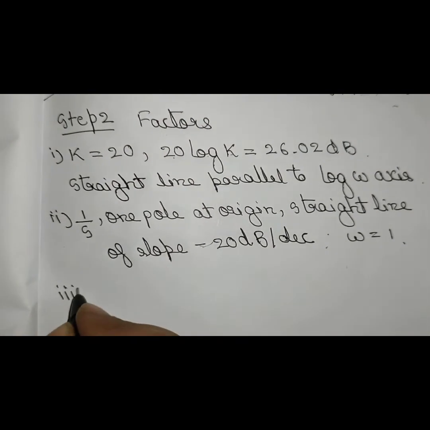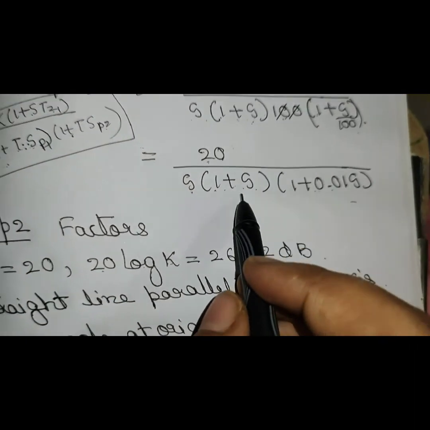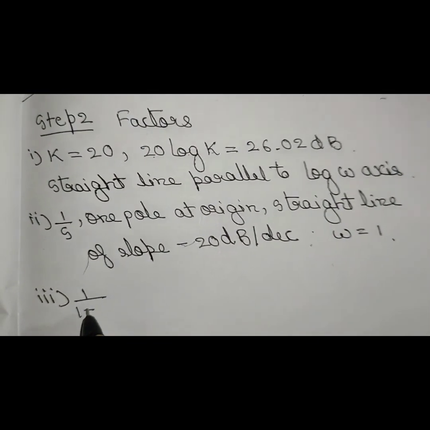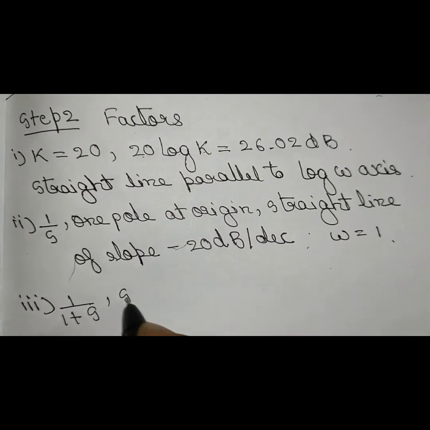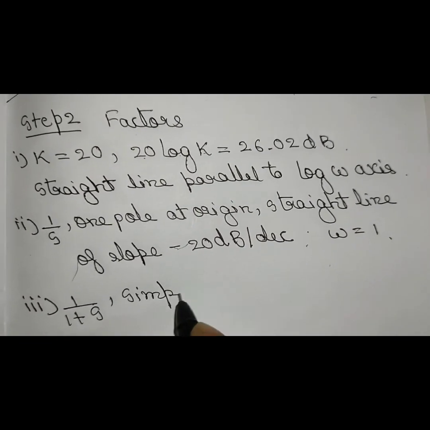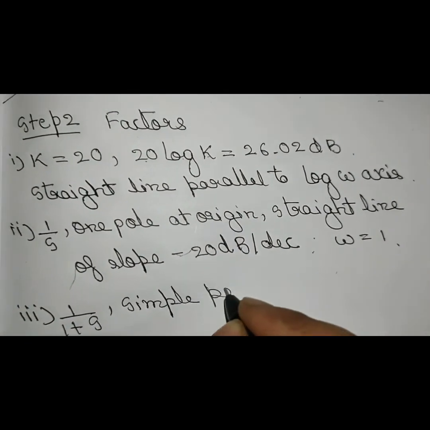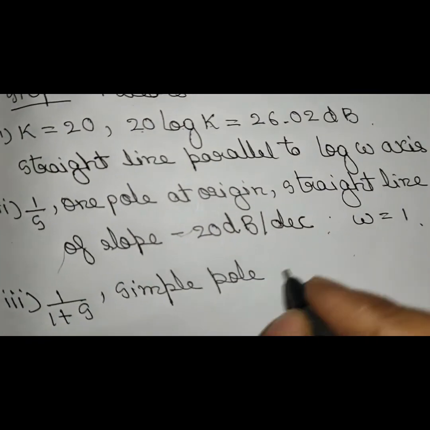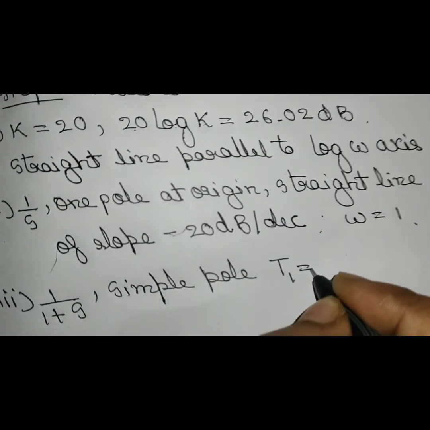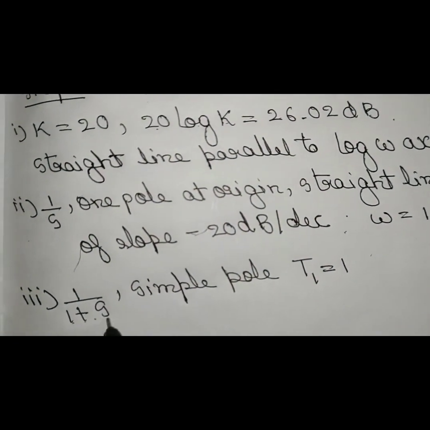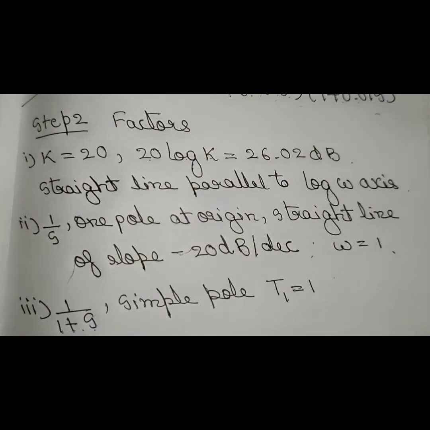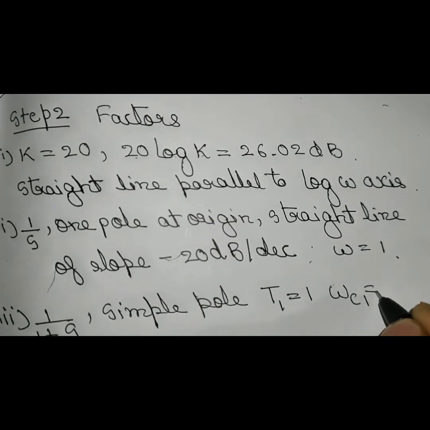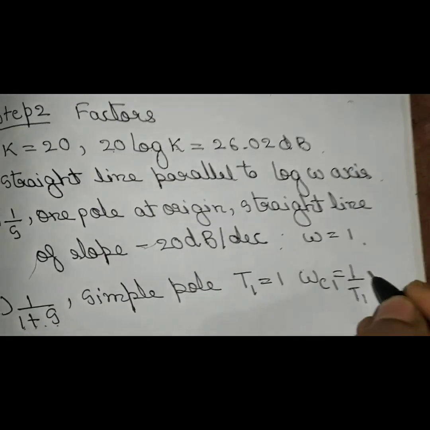Next, third one, 1 plus s. So here 1 divided by 1 plus s, this is a simple pole, and the T1 value is 1 here, 1 plus Ts. So the T1 value is 1 and the omega C1 value will be 1 divided by T1 equals 1.